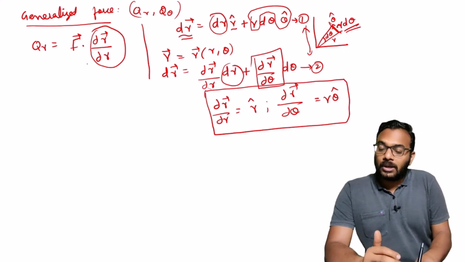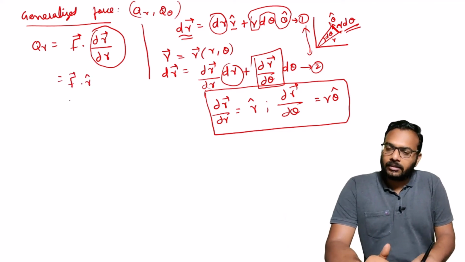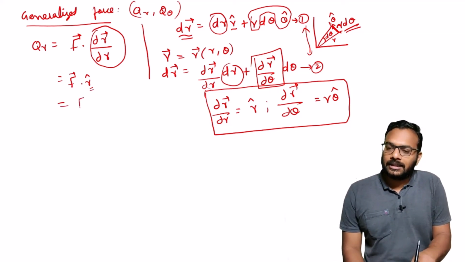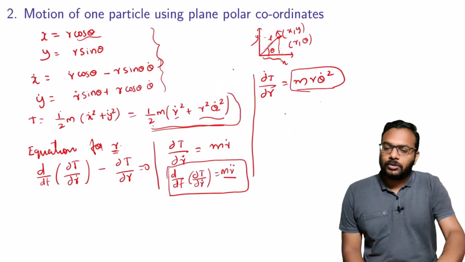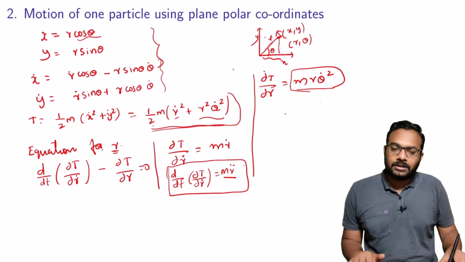So you see that Qr is equal to F dot ∂r vector/∂r, that's equal to F dot r cap. What's F dot r cap? It's just the component of the force along the r cap direction. We can simply write it as Fr, right? So Qr is equal to Fr, so this allows us to find the equation of motion along the r direction.